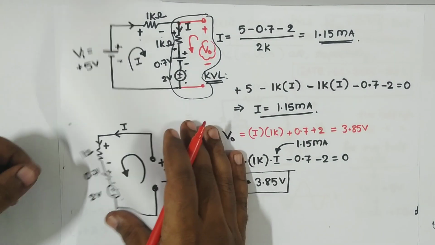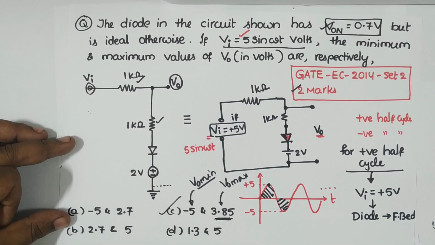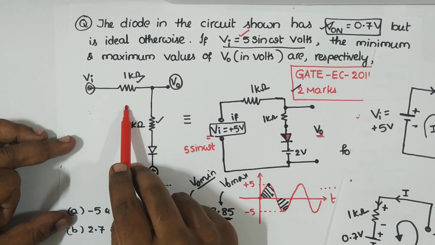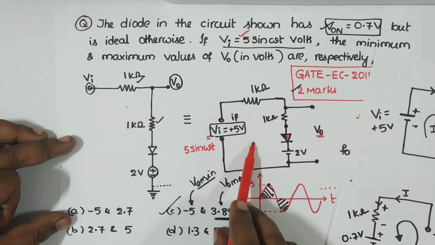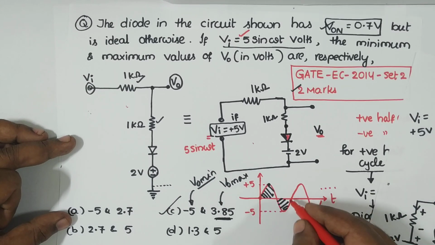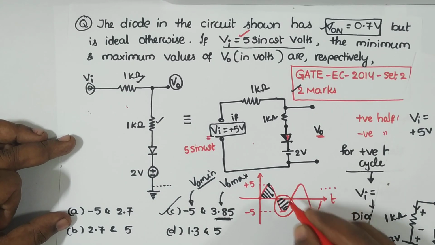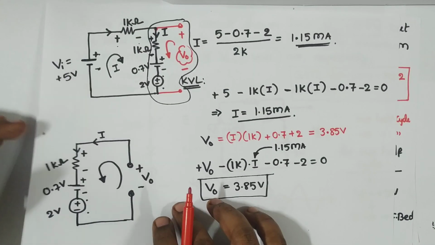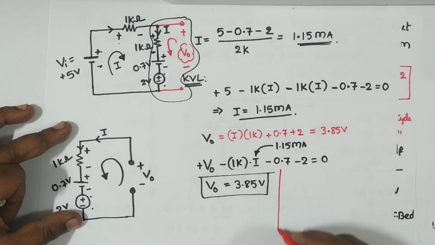If you want, I can solve things here. See this circuit, we formed it this way. Now for the negative half cycle, focus on this. What is Vi? Vi is negative 5 volt. Let me use this place.